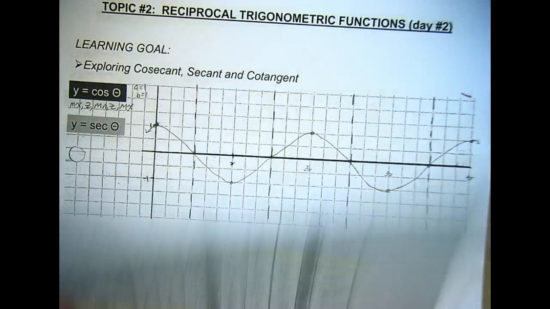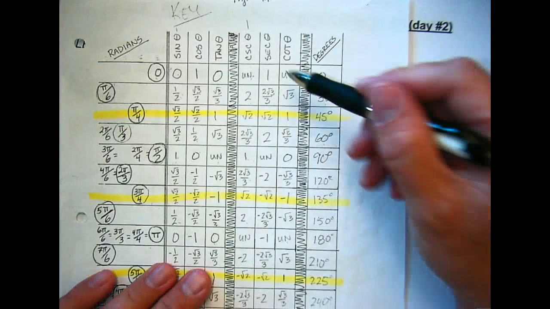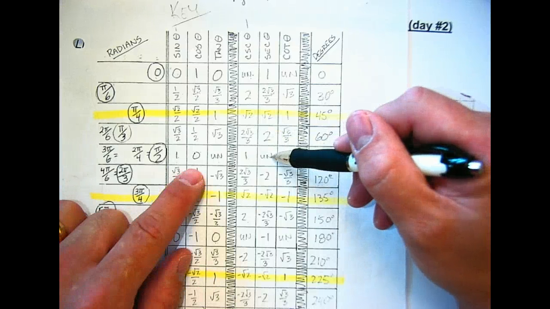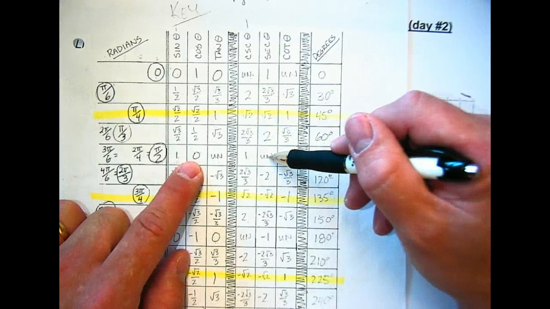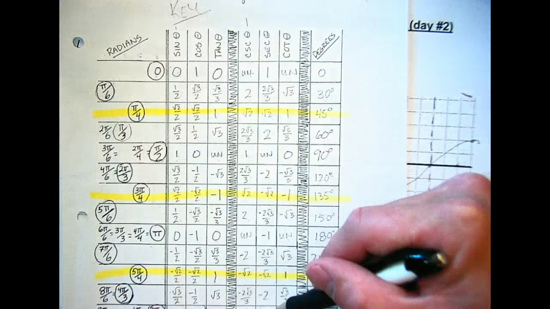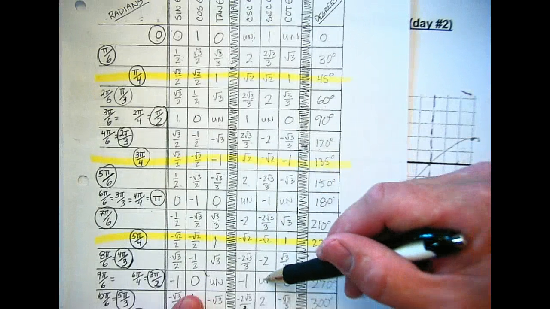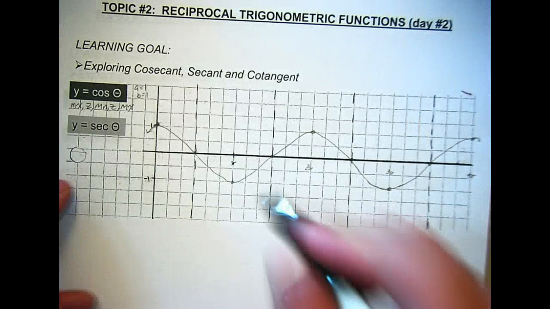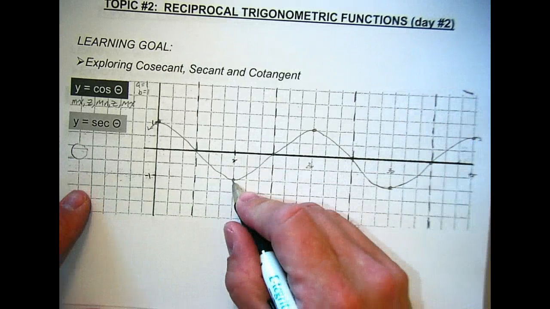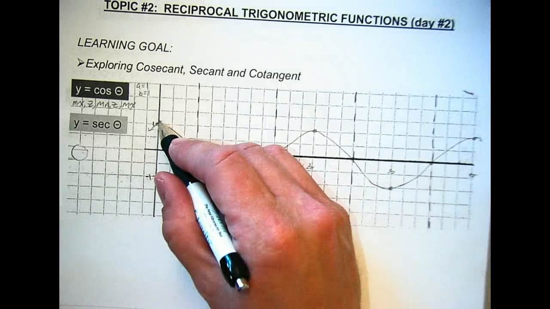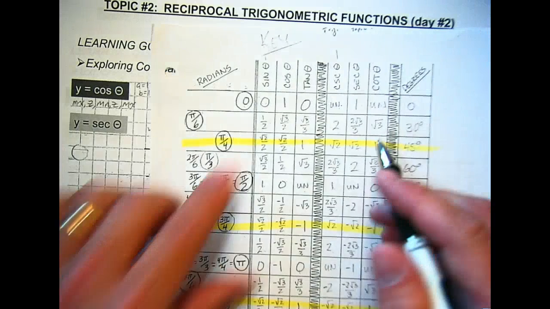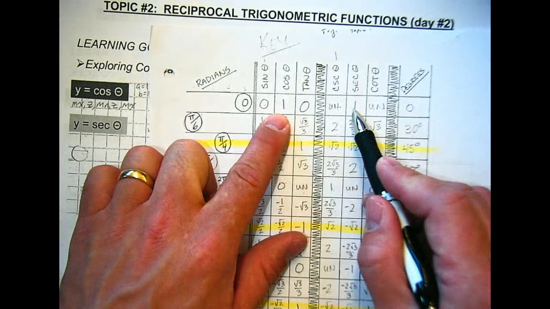Okay. You also, if you're looking at your table again, your secant, you start seeing an undefined right here, and that's when cosine is 0. Every time you see cosine be 0, you get an undefined. So down here as well. At your maximum and your minimum, when cosine equals 1, secant equals 1.